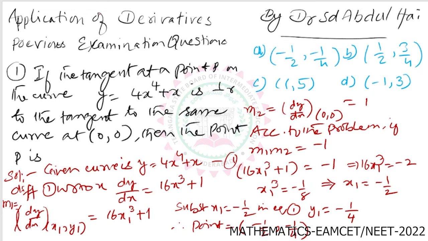Is it clear? Therefore, my answer is the first option. So this is the value of x1, this is the value of y1. This question was asked in the 2021 examination last year. Come to the second question.